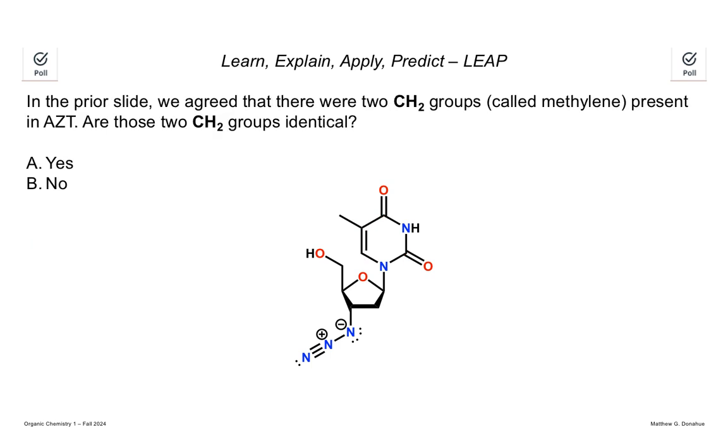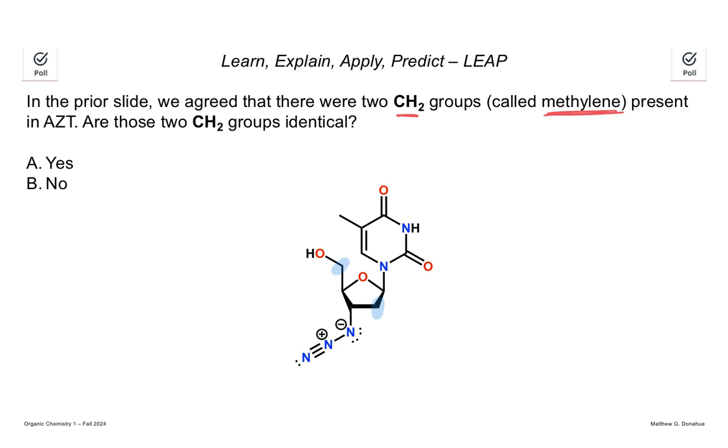So we said there were 2 CH2 groups. CH2, we identified 2 of those, there and there. So look at this word right here, methylene.